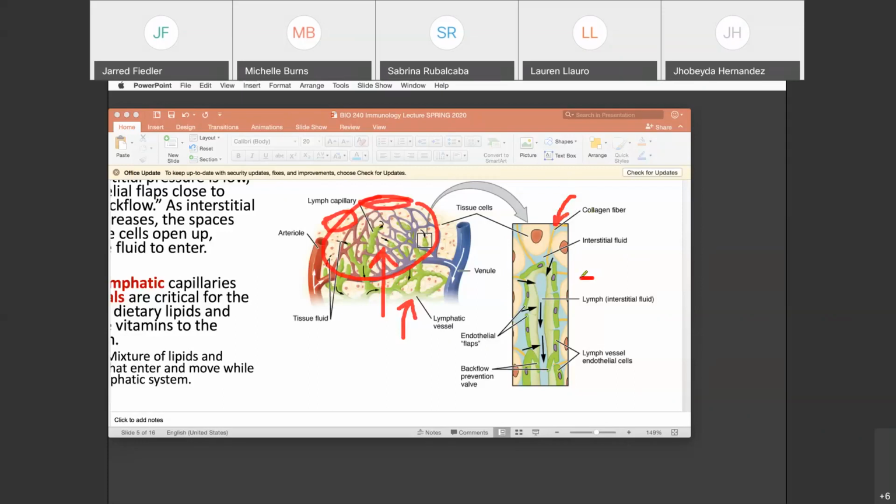These gaps are where the leakage happens. But I also want you to understand that the high pressure of the interstitial fluid is going to allow it to push through the lymphatic vessel here and enter the lymph.